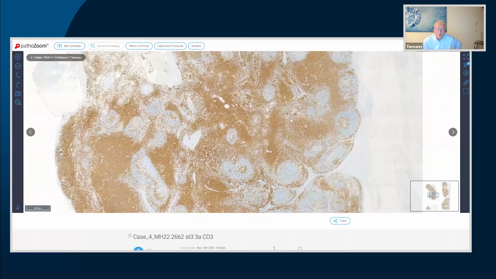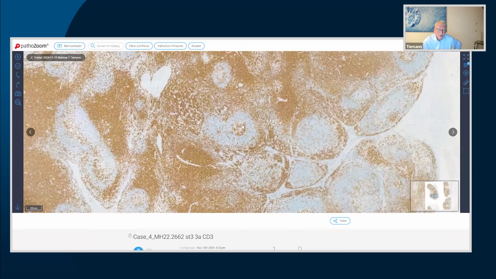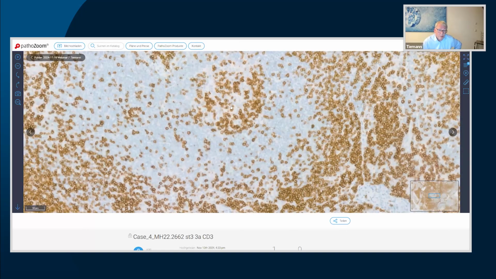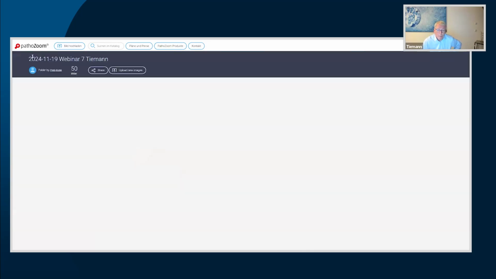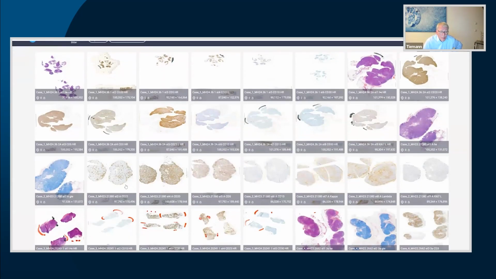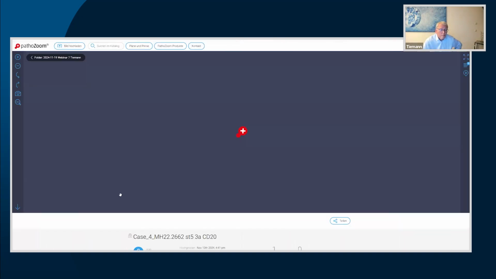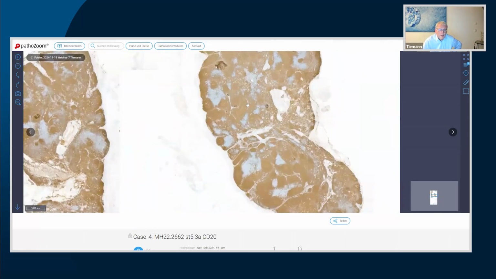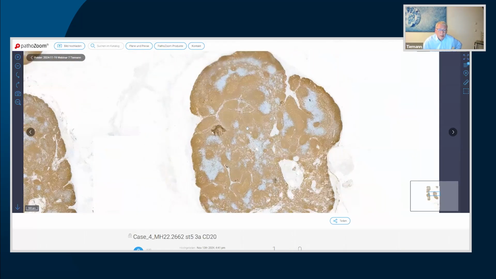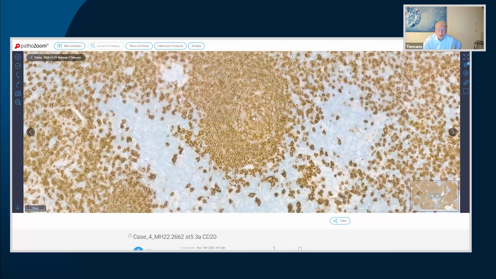This is CD3, I beg your pardon. You see an increased number of CD3 cells in the germinal centers, but a diminished number of blasts. That was CD3. And now CD20, this one. Larger numbers of B cells, larger B follicles, some a little bit changed, like this one and that one.